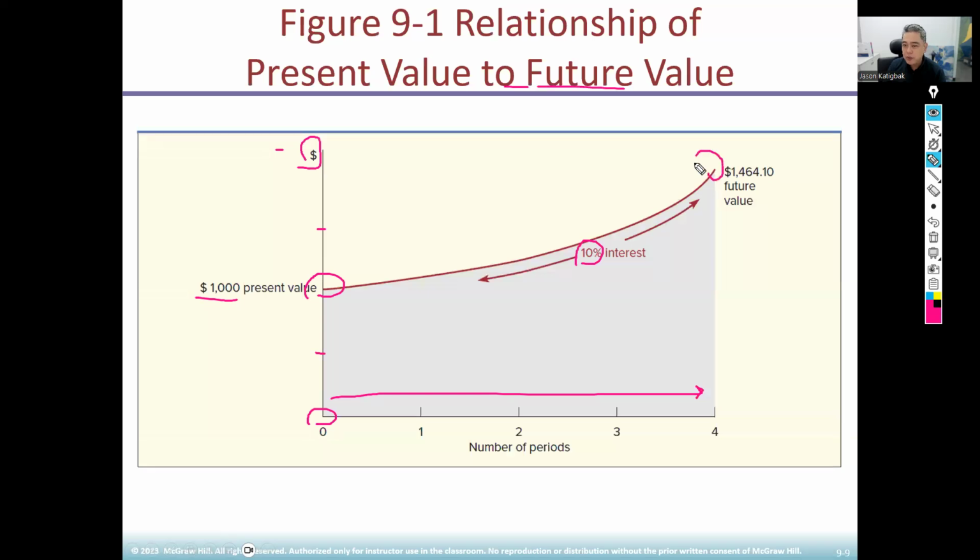On the fourth year, you will get 1,464. And what is that? That's actually the future value. This is the present value, this is your N, and this will be your interest rate, right? Yeah. So it's an easy way of doing it, and now you can do it both on a formula-based calculation.